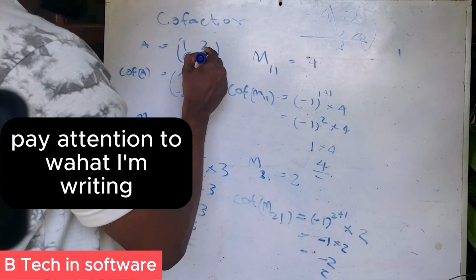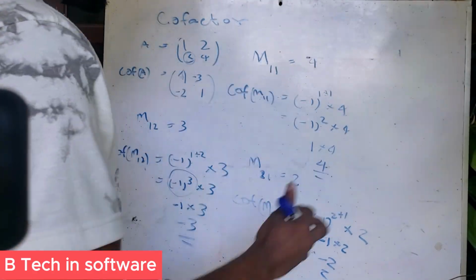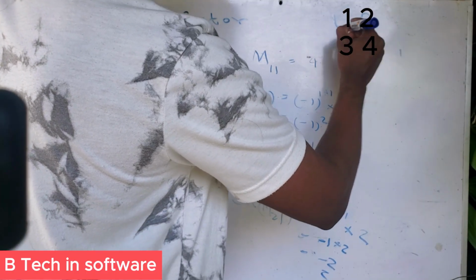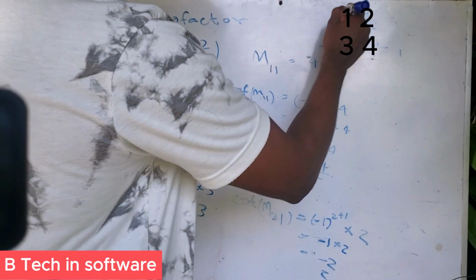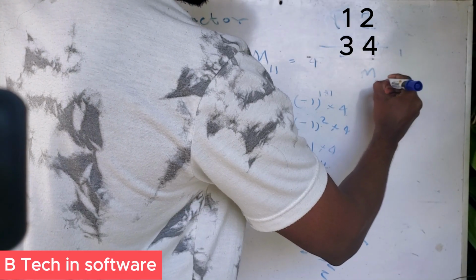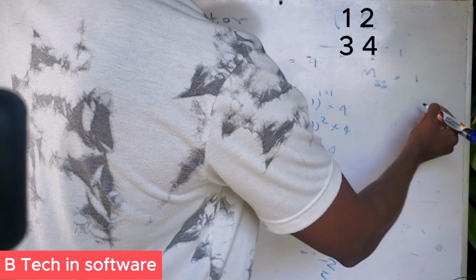And then find the fourth element cofactor. 1, 2, 3, 4. It is located at second row and second column. This is the minor of this fourth element. Minor 2, 2 is 1.